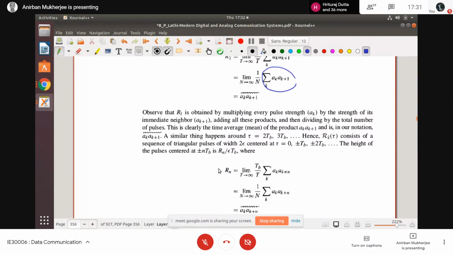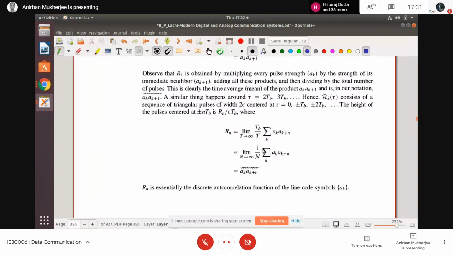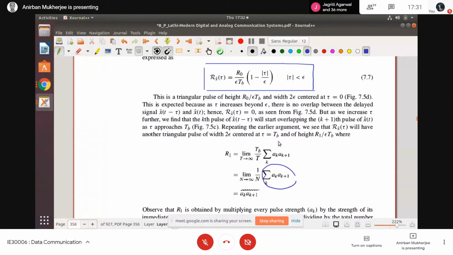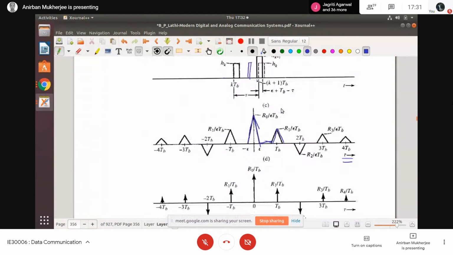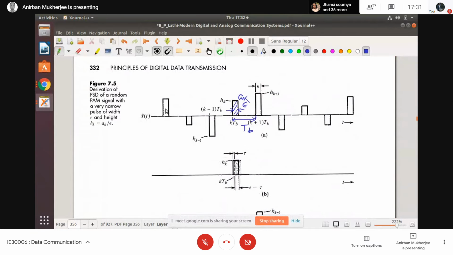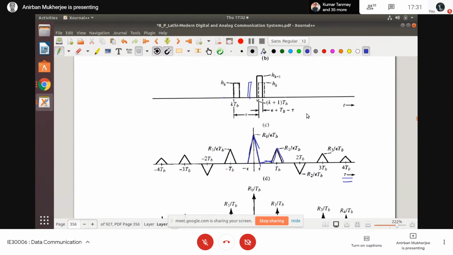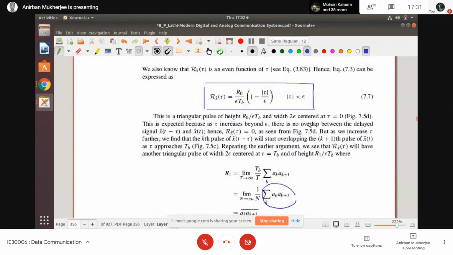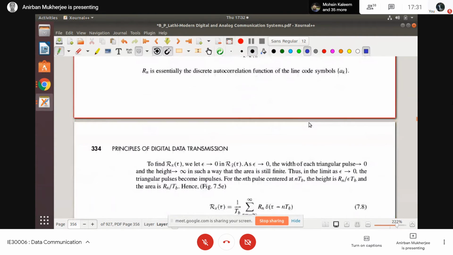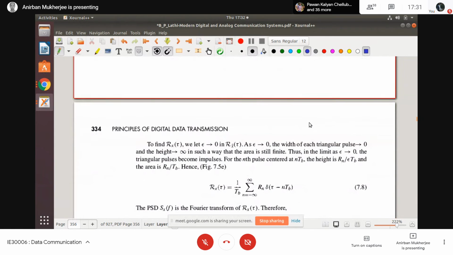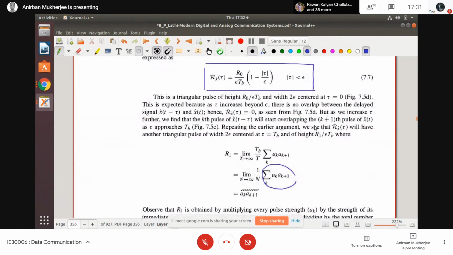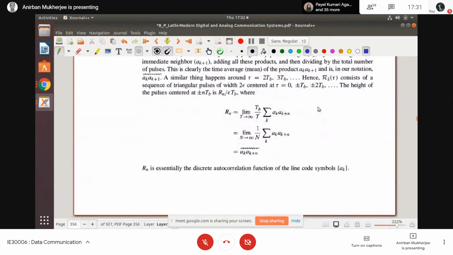Similarly, rn is limit n tends to infinity 1 by n ak plus n, that means this pulse is overlapping with another pulse n away. So in that way, how will you calculate the autocorrelation? If I do R1 to R10, these are the discrete terms.